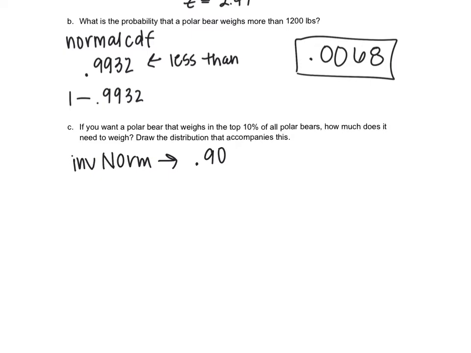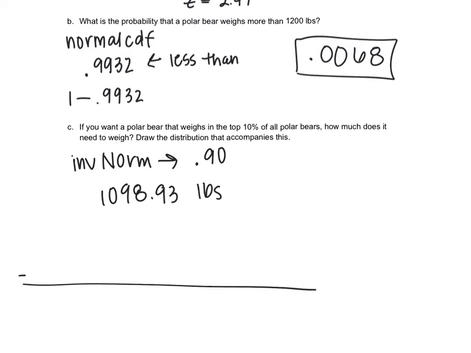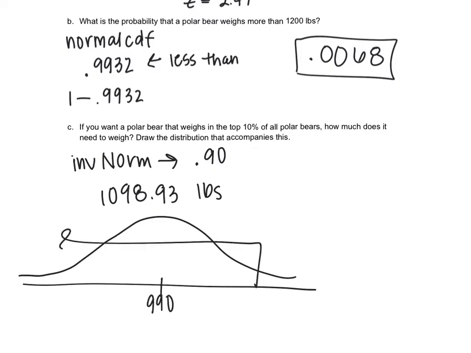So we type in our area 0.90, we plug in our mean of 990 and standard deviation of 85, and we get 1,098.93 pounds. So if I were looking at this on my curve, my mean would be in the middle, 990, and then I label the top 10%, which means 90% is below, and we shade the area above.